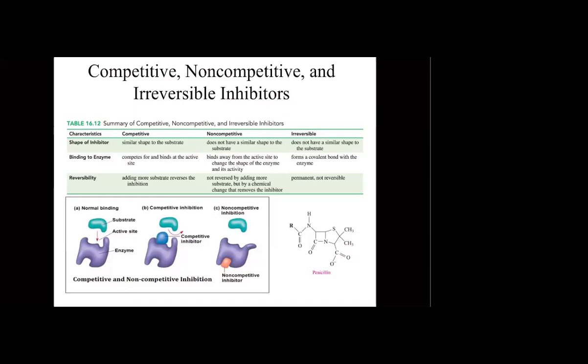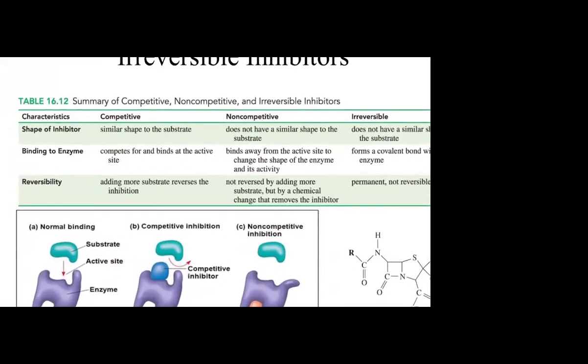So by definition, a competitive inhibitor, and it's all summarized in table 16.12, is an inhibitor that, when you compare the shape of the substrate to the shape of the inhibitor, they are going to be similar, okay?